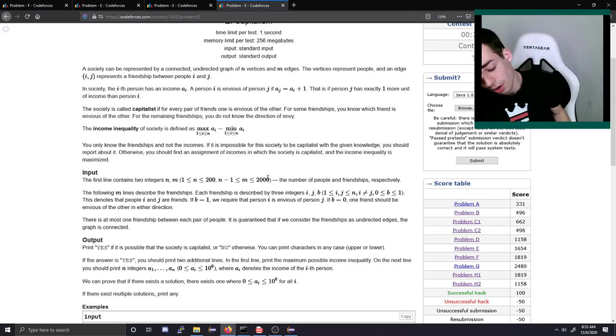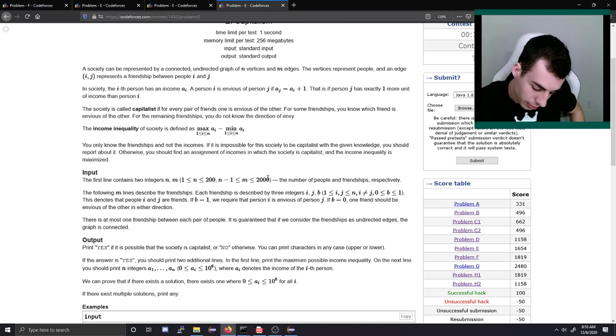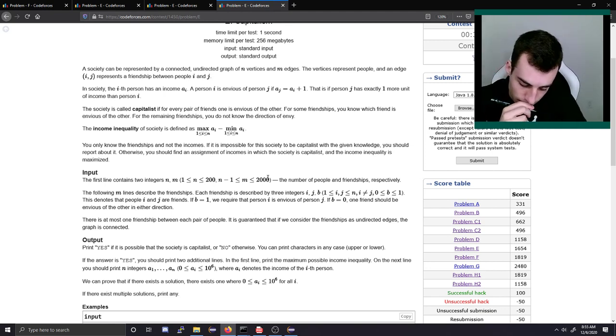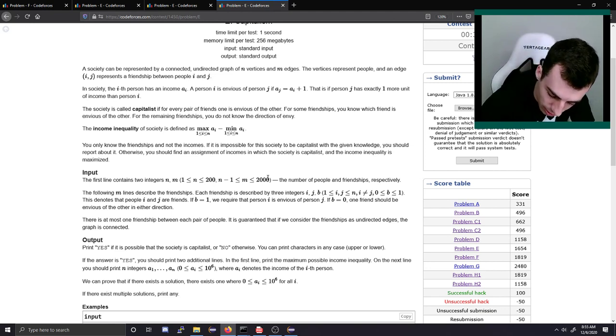Okay. Now repeatedly we need to select some group that only has incoming edges and increment it, or only has outgoing edges and doesn't include node 1. Okay, now select some group.